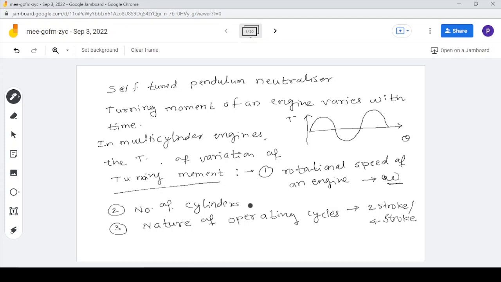The number of cylinders, such as 1, 2, 4, 6, 8, 16, depends upon the type of engine.